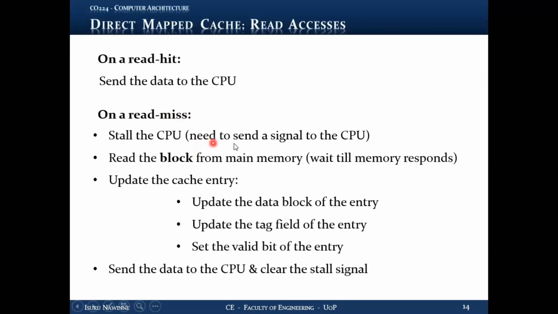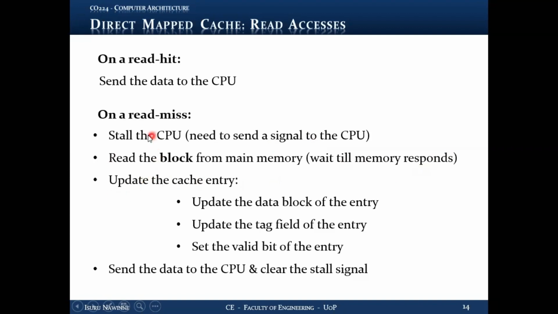The direct map cache controller needs a specific signal to send to the CPU asking it to stall. And the CPU needs to use that stall signal from the cache to stall itself, to stop it from fetching further instructions and letting the pipeline go ahead. So it needs to completely freeze, right?